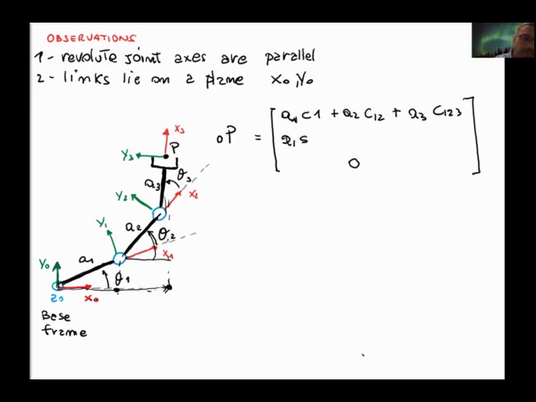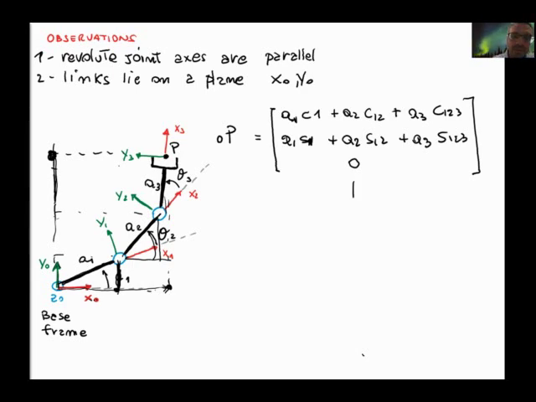For the y coordinate, we want to get this coordinate, and we get the first segment here plus this segment here plus this segment here, that is a3 sine of theta 1 plus theta 2 plus theta 3.